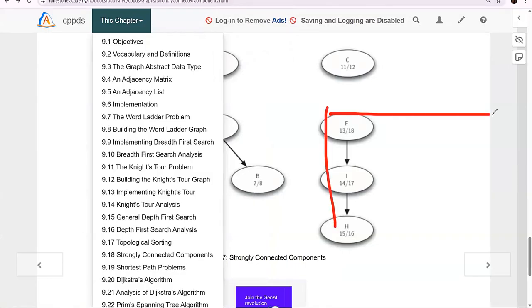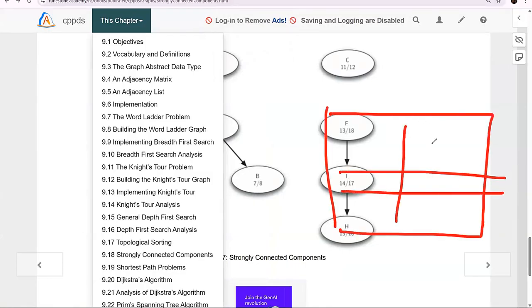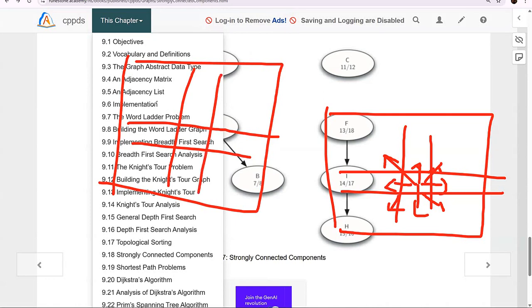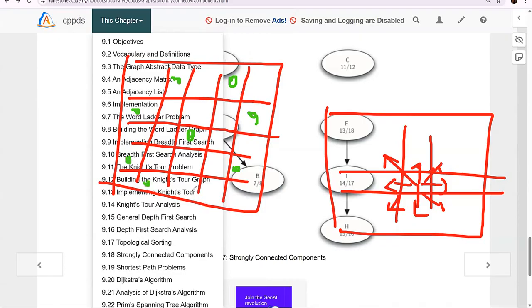So the king goes in 8 directions. Here, here, here, here, here, here, here, here. Now, next one is you look at the knight. So your knight is different. Your knight is going by a special pattern. So let's assume that you start from here. You can go this one, this one, this one, and so on.